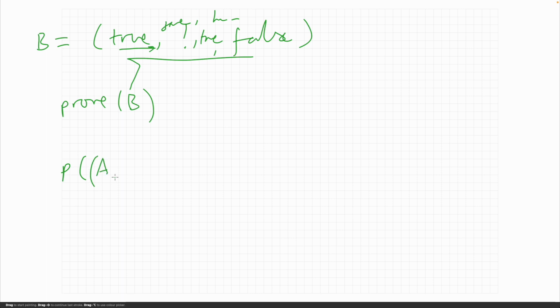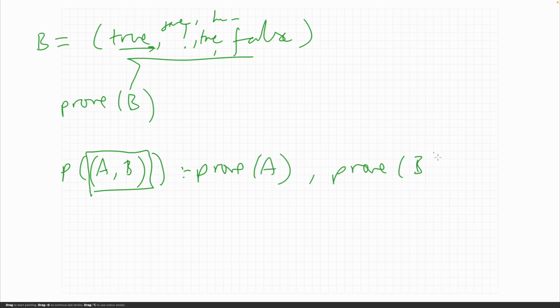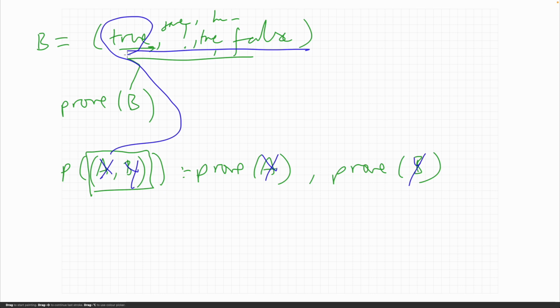So we want to match that like that. So we want to prove something of this construction. So we say prove A, comma prove B. If I'd used X, Y, it might be clearer here, so we don't mix up with conflict there. So here B is this, and then X becomes the first bit, so we just prove the first property.